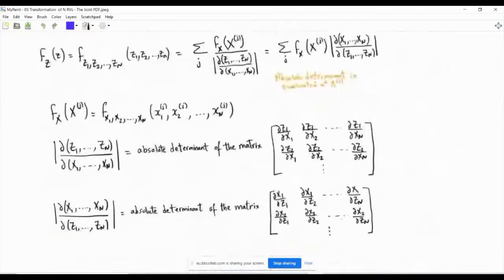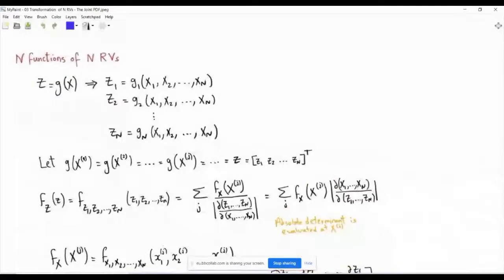Suppose again that you have a random vector x, and its components are x1, x2 up to xn. Now we have n functions, g1, g2 up to gn. We apply g1 to those n random variables to get the new random variable z1.